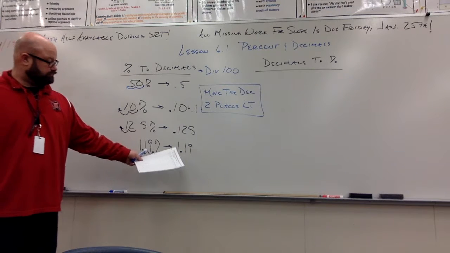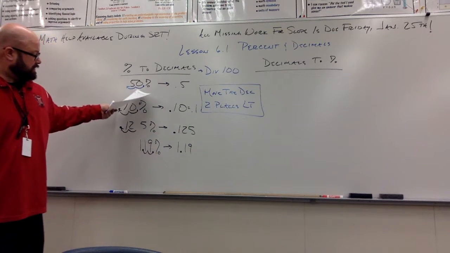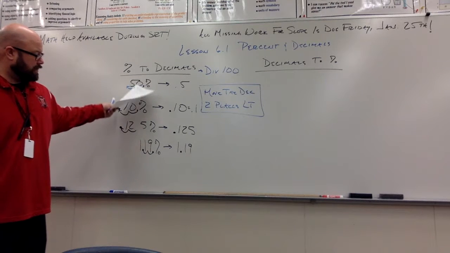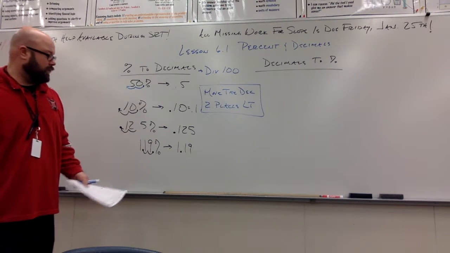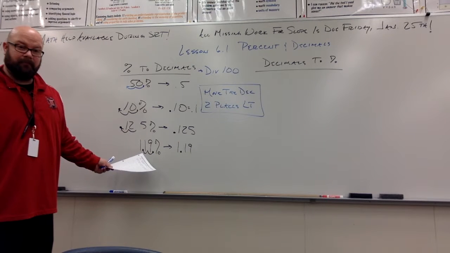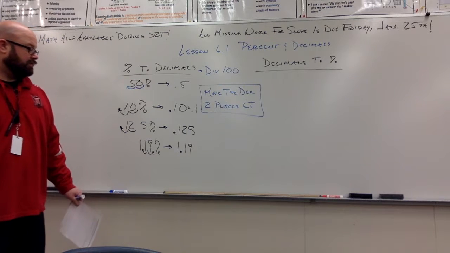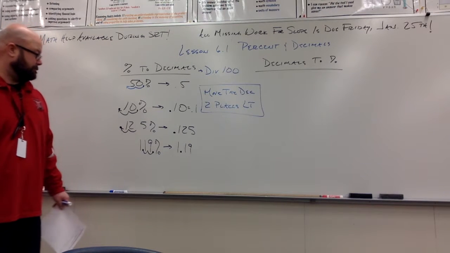Now, what's the difference? The difference is that these were all less than 100%, so my decimal is going to come before it. Here, my percent is greater than 100%, so my decimal is going to fall in the middle. Okay.